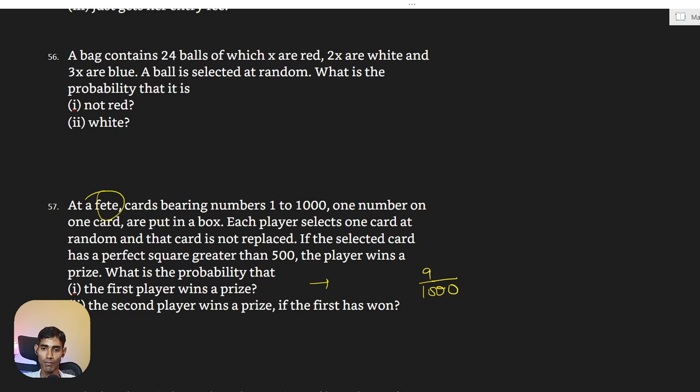Nia? 1 by 125. The initial value will be 8 by 1000. Okay. 8 by 1000. Is that okay?